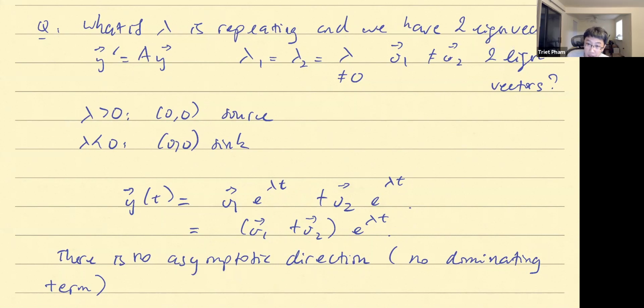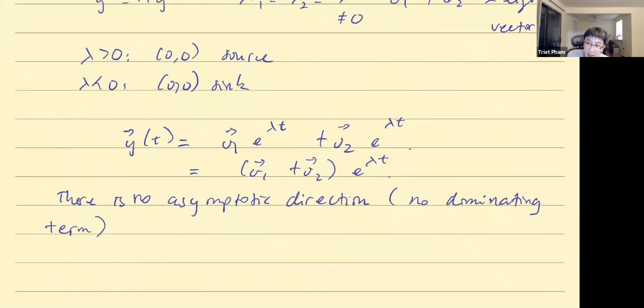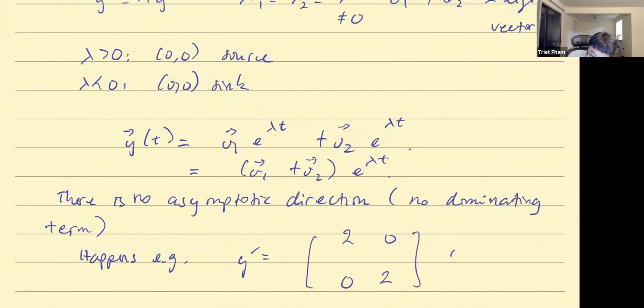But actually, it's not that strange, because when is it that you will land on such a problem? Well, you will only see this case, as far as I know, for example, when you have y prime equals to, let's say, [[2,0],[0,2]] y.